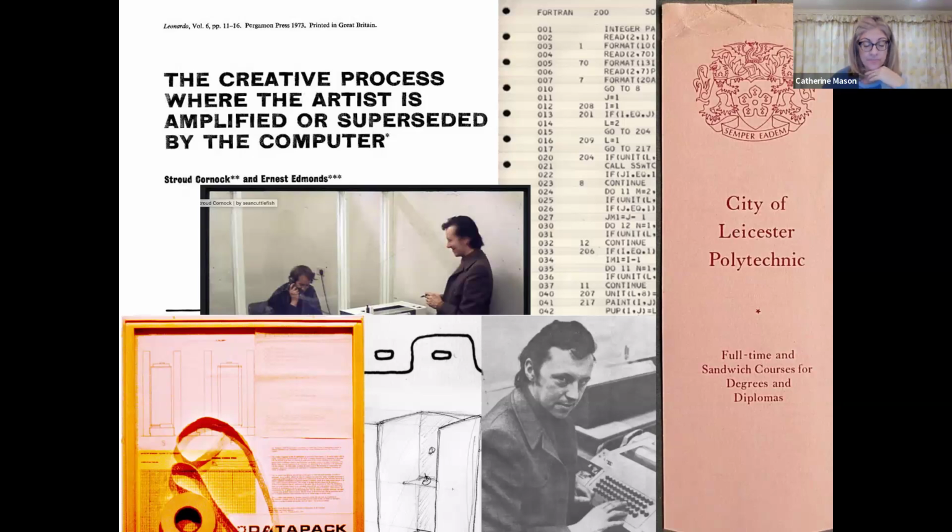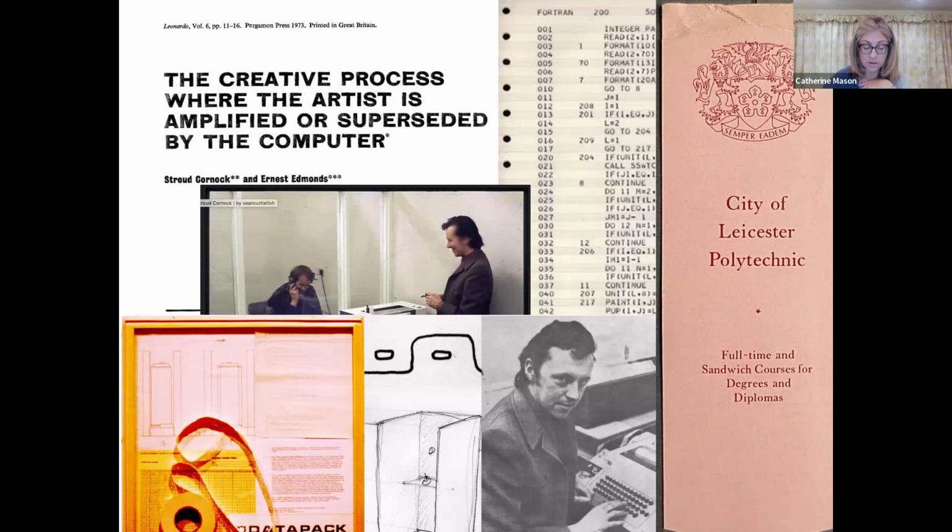It was produced as a multiple in that it was the recording of the conversation that the participants in the artwork had with each other, mediated through the computer. And you can see Stroud Cornuck on the left of that photograph and Ernest on the right. And they are having a conversation mediated through the computer. And there's another picture of Ernest in black and white at the bottom using a teletype. And you can also see some of their code up there as well.